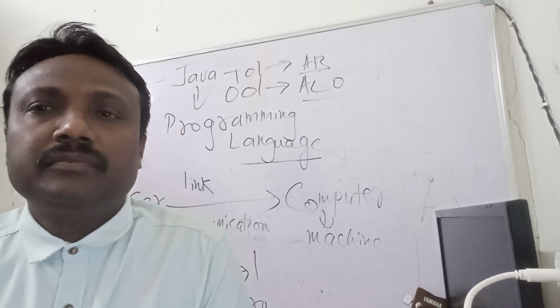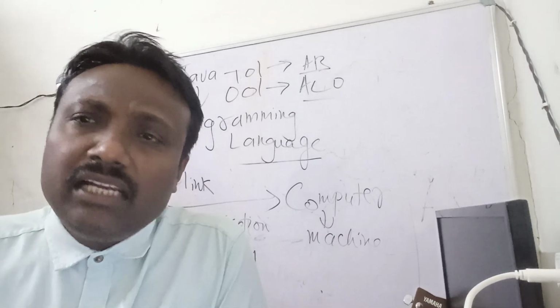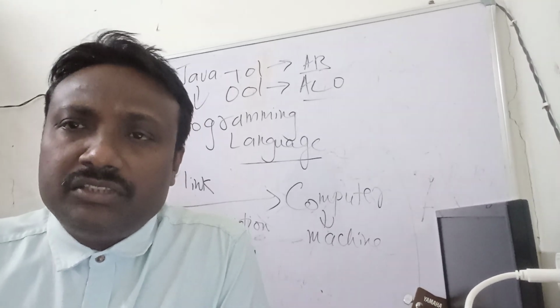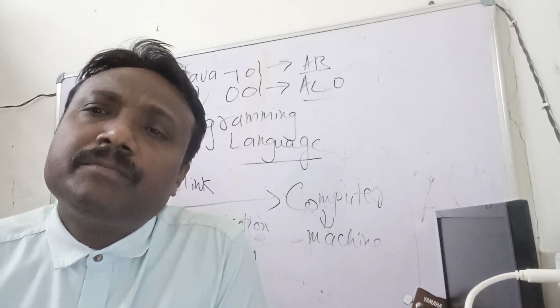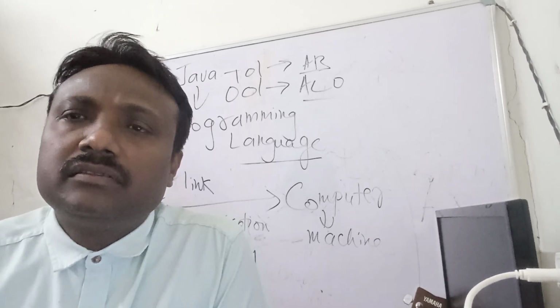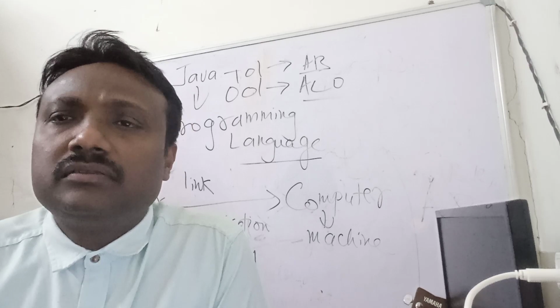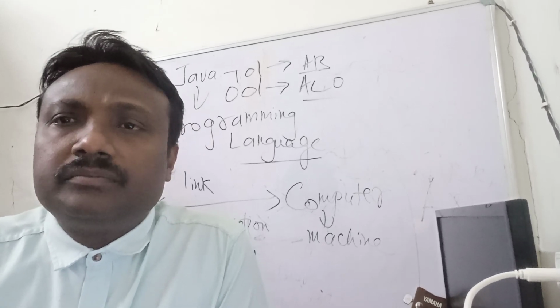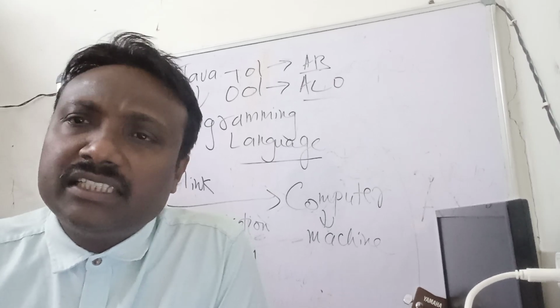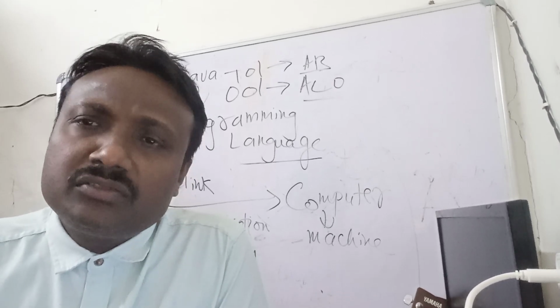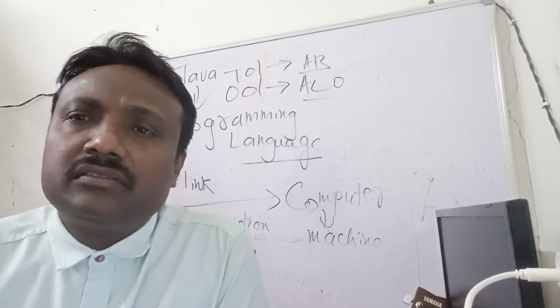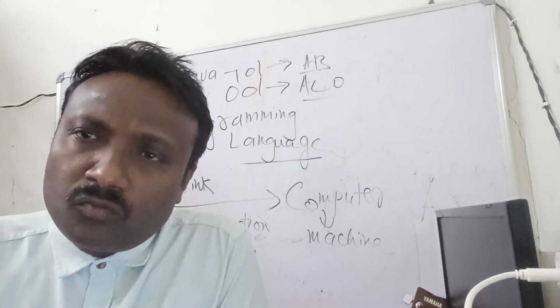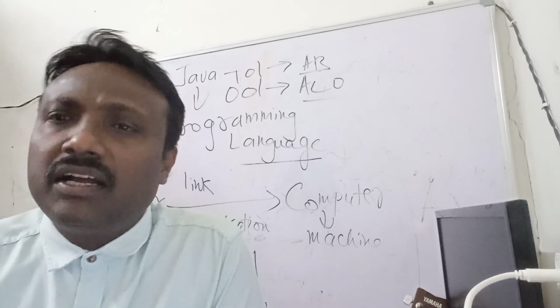This led to the development of high level language. High level languages such as Java, Ruby, Python, SQL, JavaScript, React.js, C++ and others are regarded as high level languages. Why?